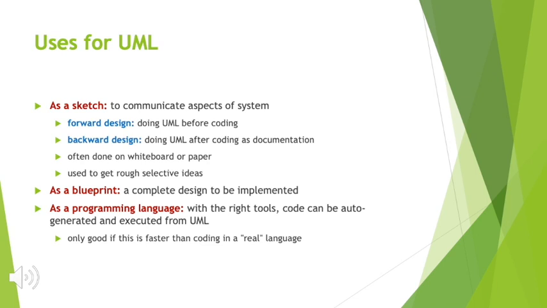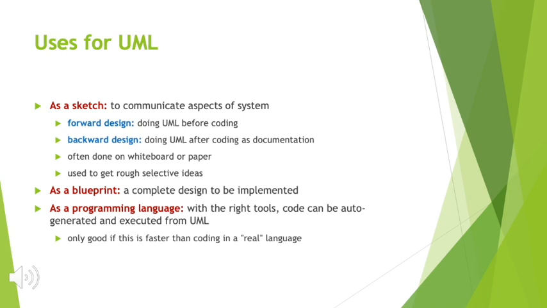How? Because there are a lot of tools out there that you can use to sketch the UML diagram. Some of these tools, when you finish sketching the UML diagram, can convert it into code.